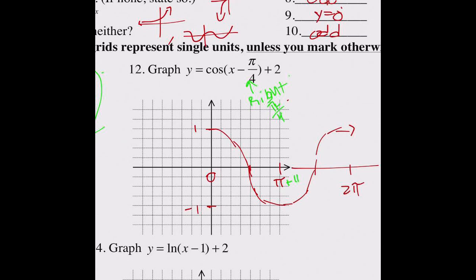So plus pi over 4 and plus pi over 4. That's the process I'm using. And remember, I'm just going to use a couple of values on the x-axis: 0, pi, and 2 pi. All I'm going to do is add pi over 4 to those. That's all I need to do on the horizontal axis. I'd like to simplify that and find out what those values are, which I'll do in a second.